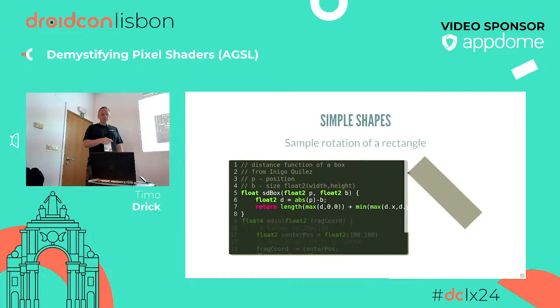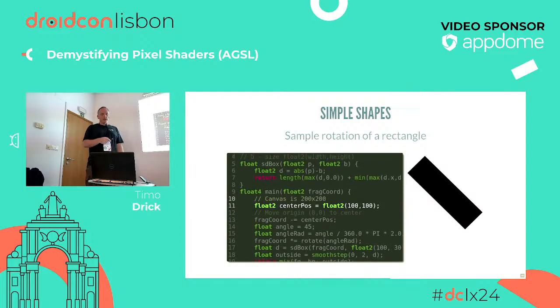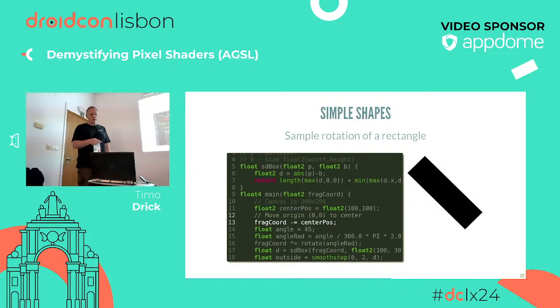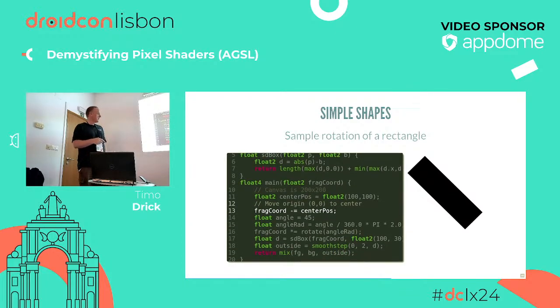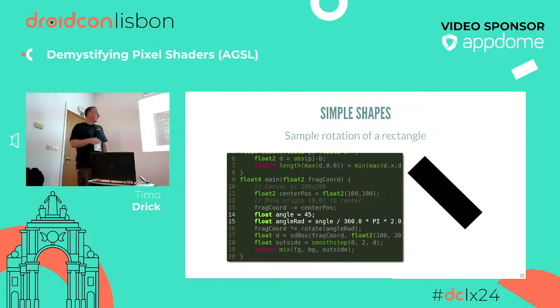I move the center position again, the coordinate system, to the center. Then when we want, for example, to rotate our rectangle by 45 degrees, we have to do a little bit of math because the angles must be provided in radians.